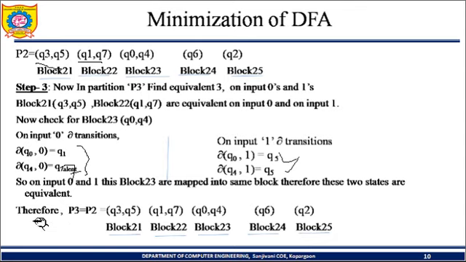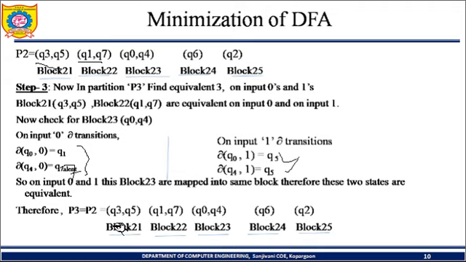So now P3 is equal to P2, which is equal to Q3 Q5, Q1 Q7, Q0 Q4, Q6, Q2. So no further partitioning is possible. In the given transition diagram there are a total of 8 states: Q0 Q1 Q2 Q3 Q4 Q5 Q6 and Q7.